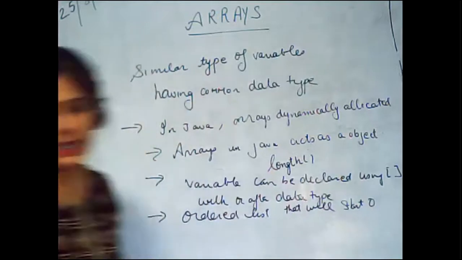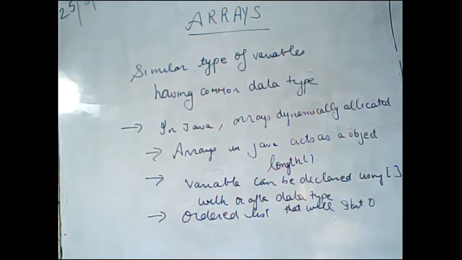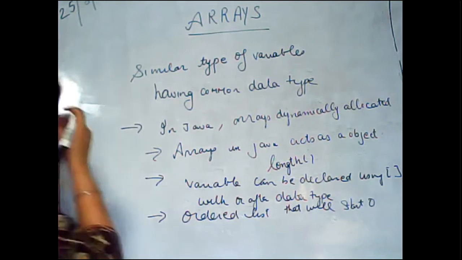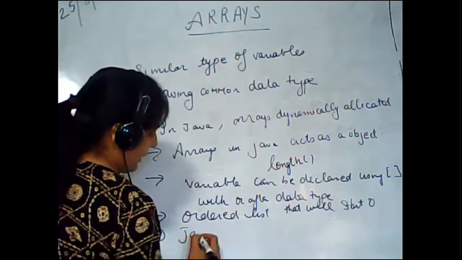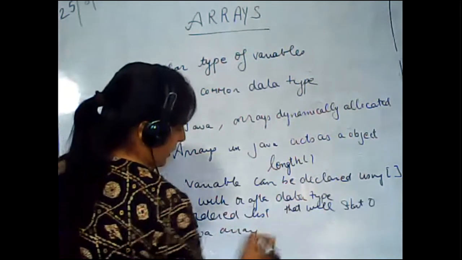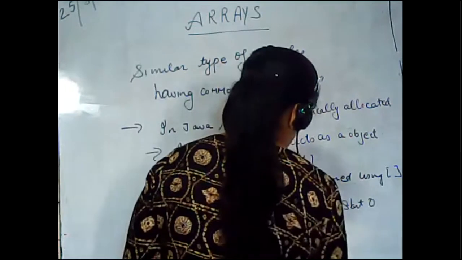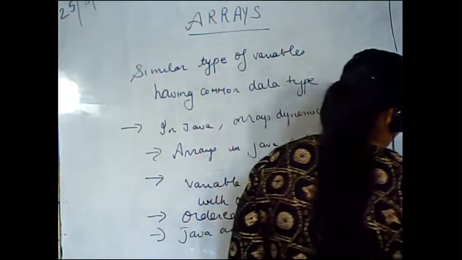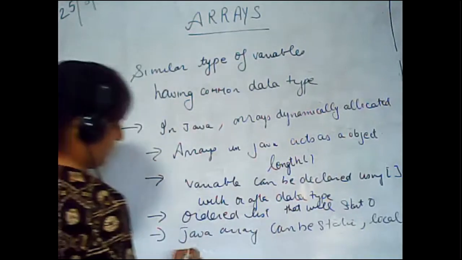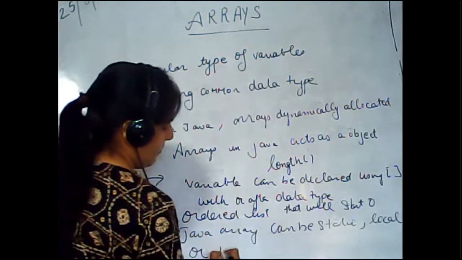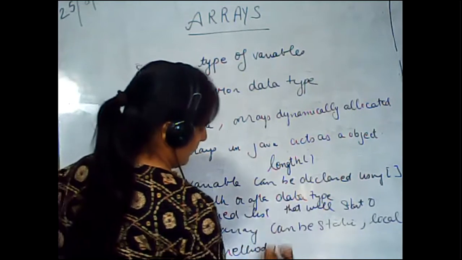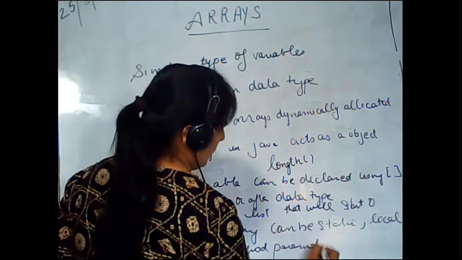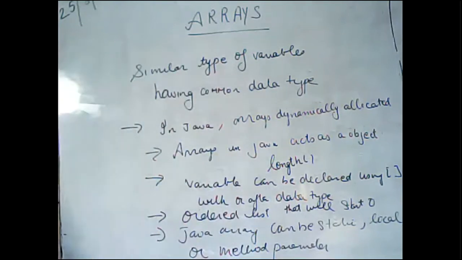A Java array can also be a static field, a local variable, or a method value. So these are some of the features of Java arrays.